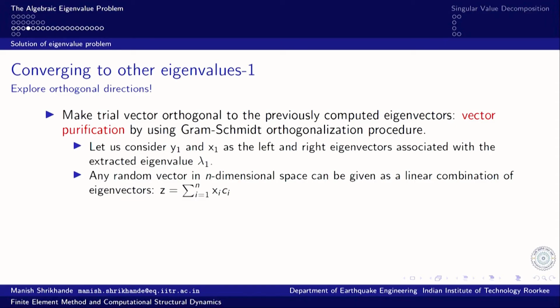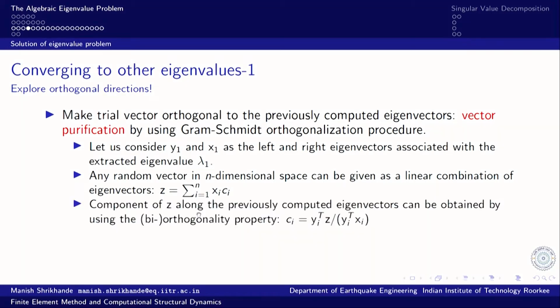Any random vector in n dimensional space can be given as a linear combination of the eigenvectors. So, z as an arbitrary vector can be written as summation over i of c i x i, where x i are the eigenvectors and c i are the generalized coordinates for making up any vector z in terms of x i.